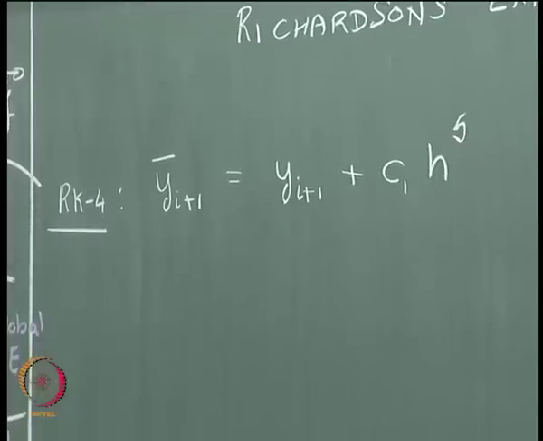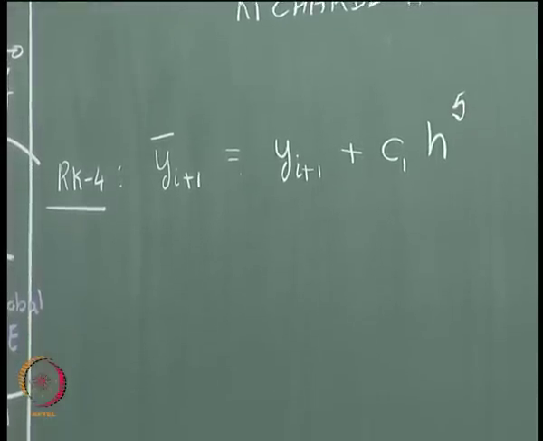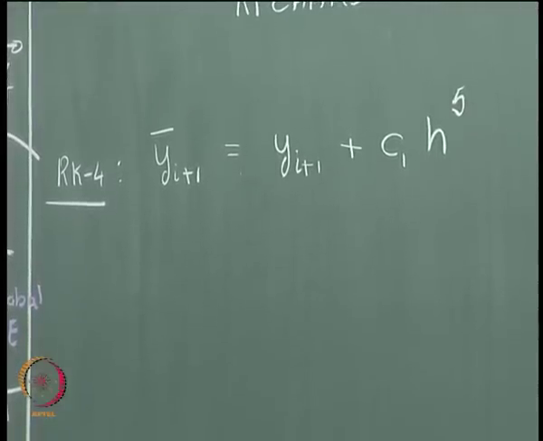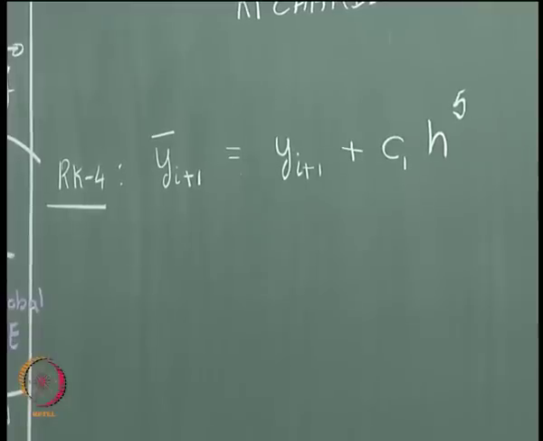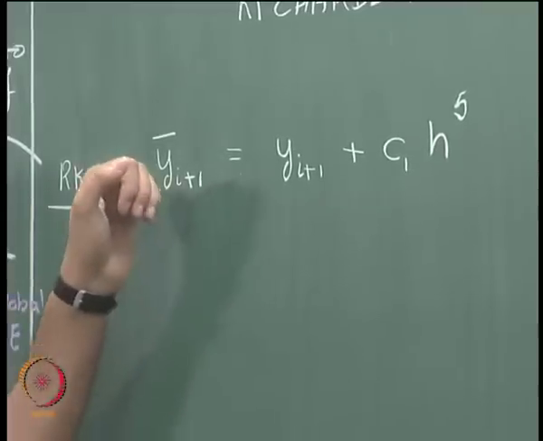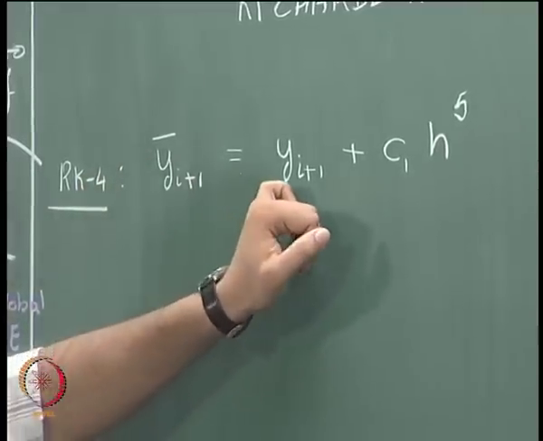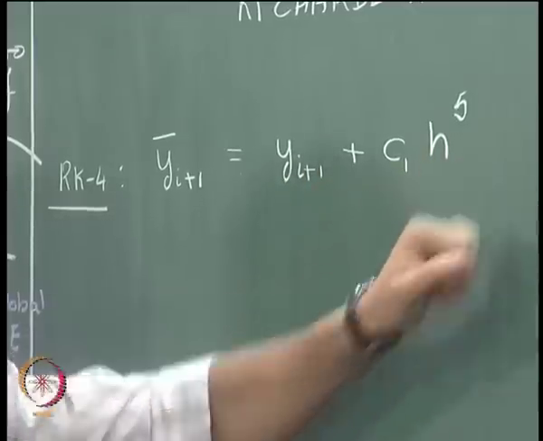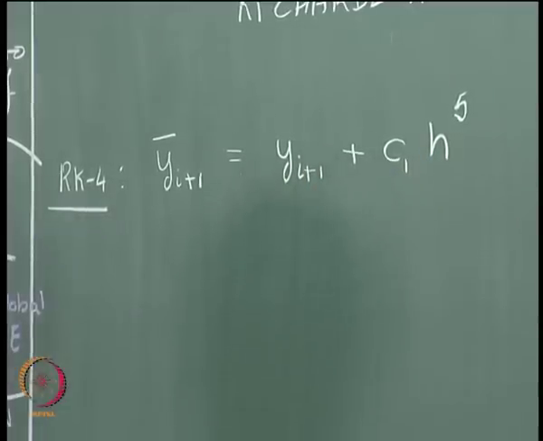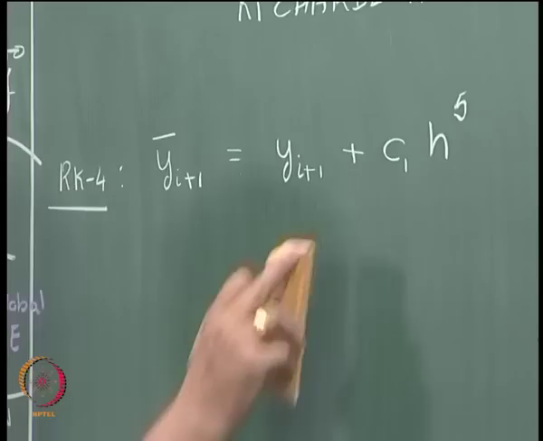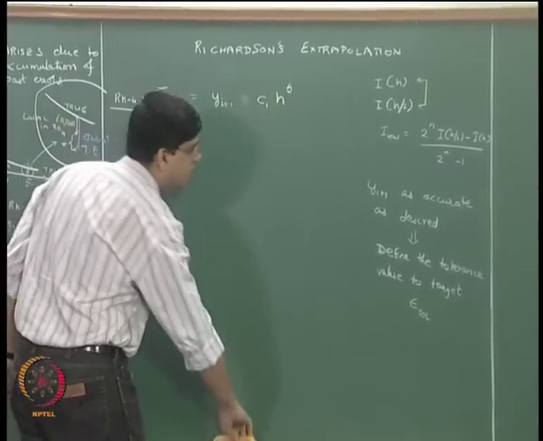I have just rewritten this equation here: for RK4, the true value yi plus 1 bar equals yi plus 1 plus C1 h to the power 5.